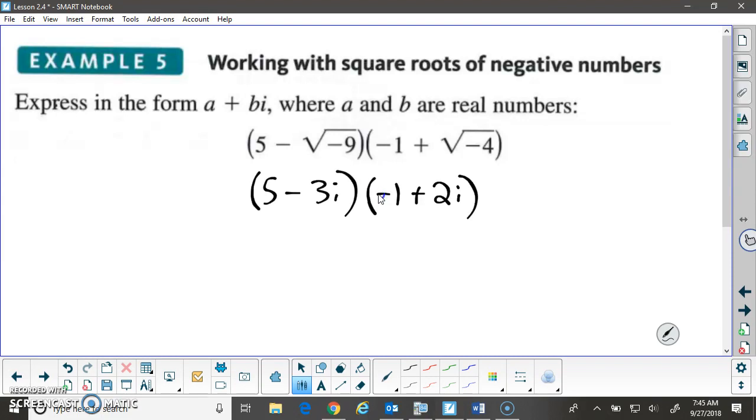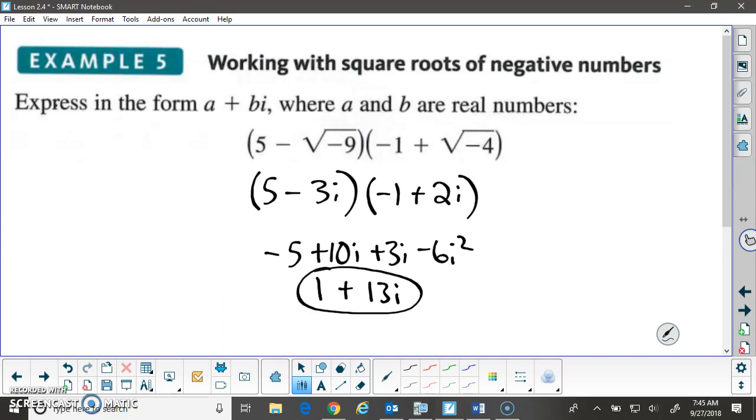Now we can FOIL just like we did on previous problems, giving us negative 5 plus 10i plus 3i, and then minus 6i squared. This would result in a 13i, and this would be negative 5 plus 6, which is a 1, and so 1 plus 13i would be our result.